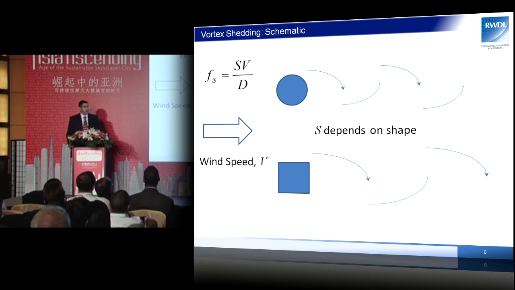Now, what's counteracting one's intuition of circle bad, square good, is that the force associated with vortex shedding increases with velocity squared. So if you increase the velocity at which the lock-in occurs, then you're going to get a much higher force.